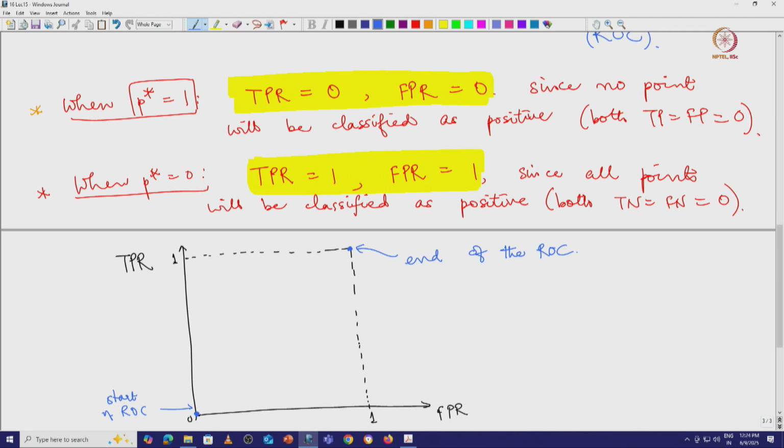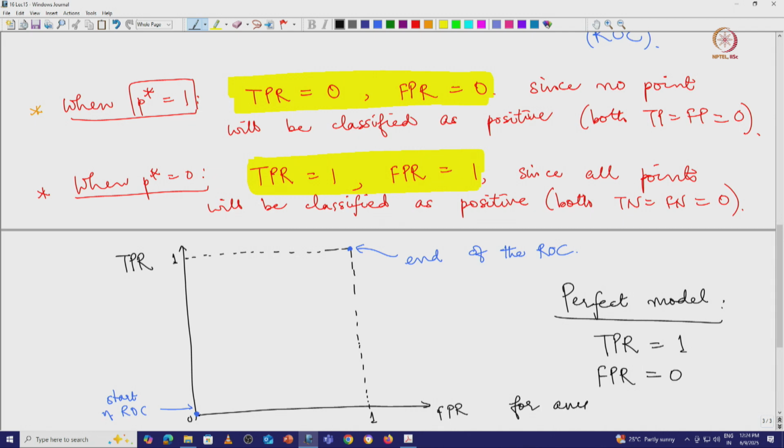Now, let us see what will happen if you take a perfect model, a model that is exceptional and will always do the right thing. The true positive rate will be equal to 1 and the false positive rate will be equal to 0 for any classification threshold. No matter the threshold you give it, it will always predict points correctly.